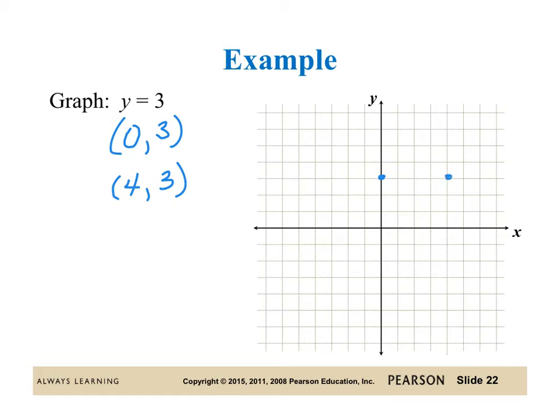And if I choose x to be negative 2, y is equal to 3. So what you notice here is that all of those points are a straight but horizontal line through the y-intercept 0, 3.